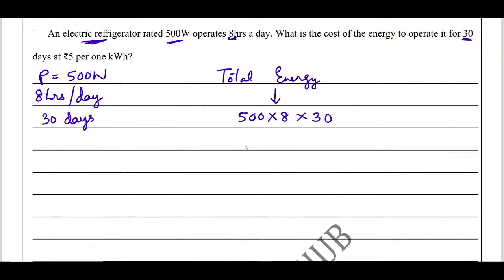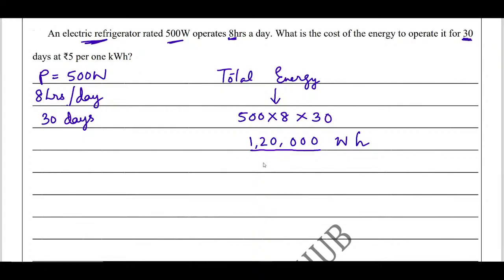We get 1,20,000 watt hour. This is the amount of energy used for 30 days. I'll convert it into kilowatt hour, that is, divide by 1000.